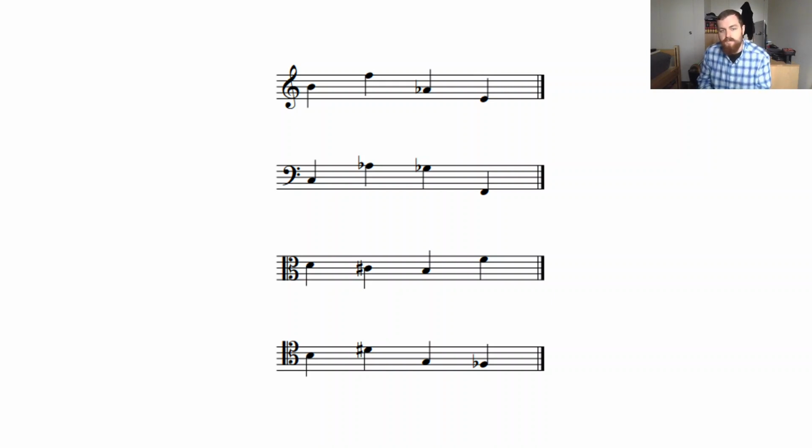In any case, let's go ahead and do some more practice. Let's do another one. Okay, so here's your first note for the second one. Okay, remember to sing in whatever octave you can. Okay, go ahead and take 15 seconds or so. Take a look at that.